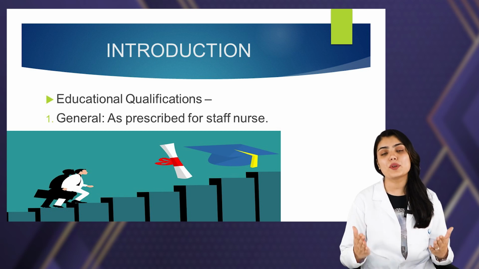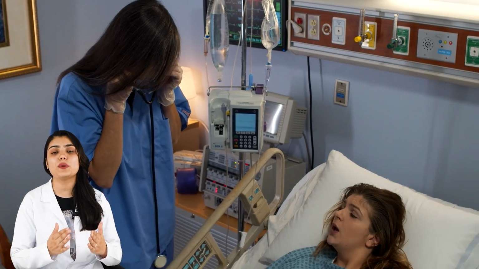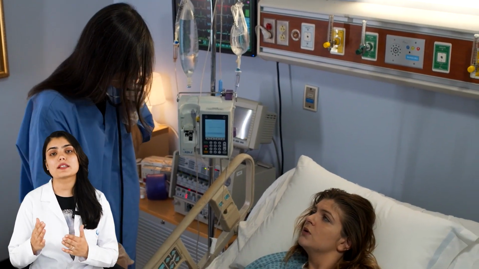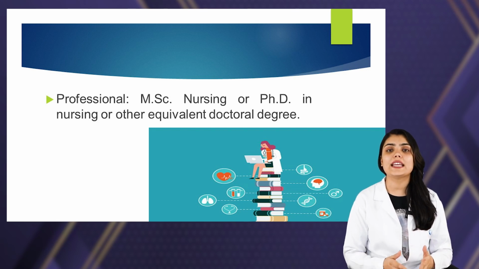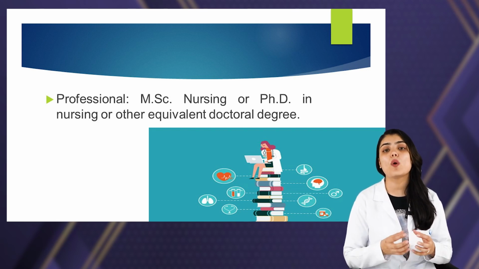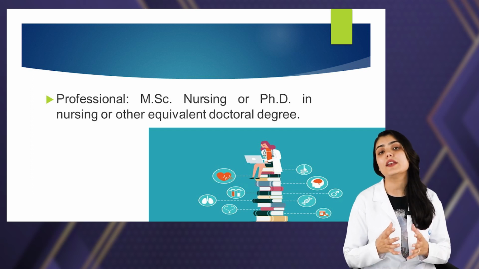Even to become the principal, it is obvious that the pre-university course, which includes the general education, must be completed by the candidate. Once the candidate completes the pre-university course, the candidate can go for a professional course such as BSc Nursing and Master's degree. To become a principal of the nursing college, the candidate must hold a master's degree or a PhD degree in nursing.